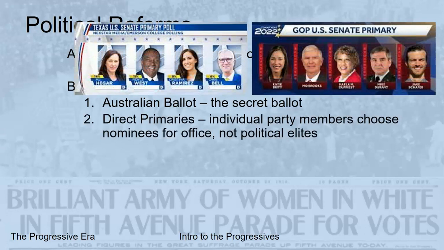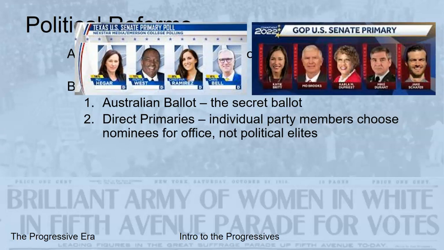Another thing that the progressives introduced, something that we use today that many of you may not be aware of or may take for granted, is they introduced the idea of the primaries. How do the Democrats and the Republicans choose the one candidate from their party for political office?